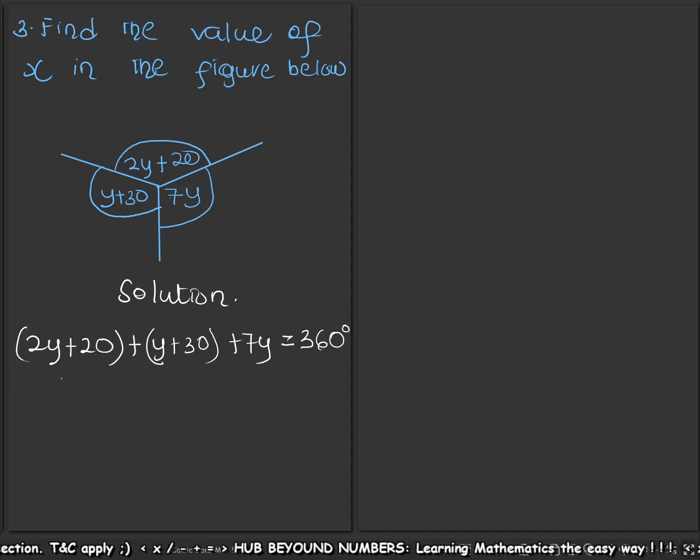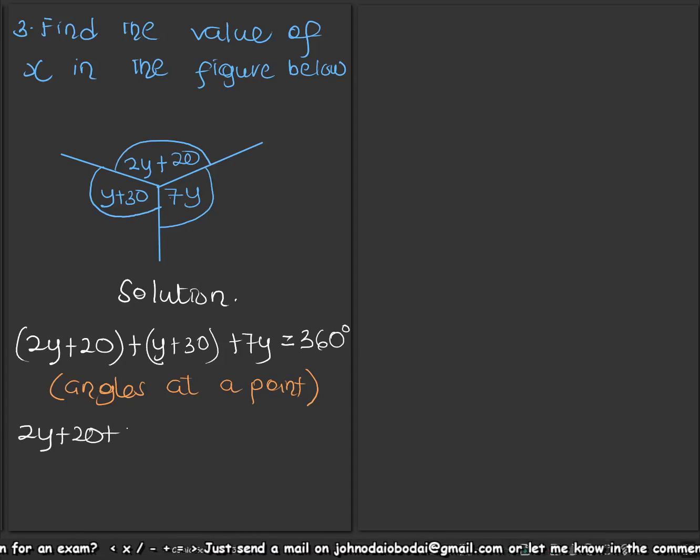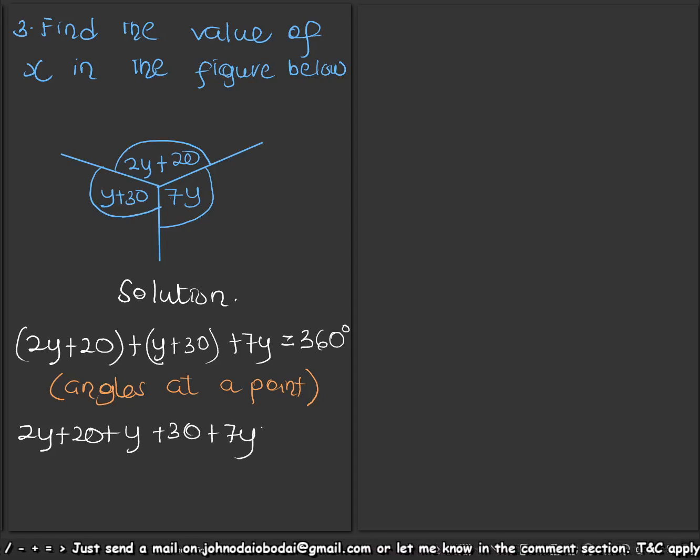And what property is that? Angle at a point. So now that we have used this property to get our equation, we then solve. We open the brackets so that we have 2y plus 20, then plus y plus 30 plus 7y, giving us 360 degrees.